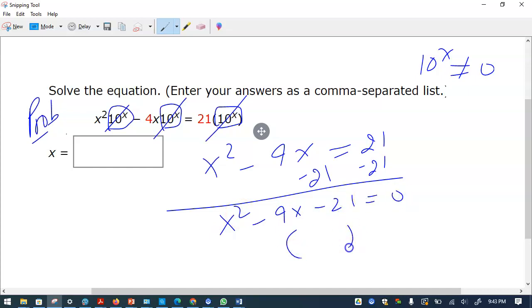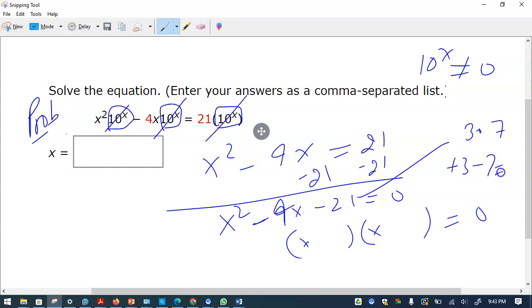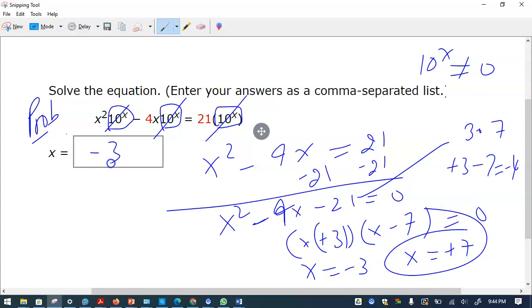You can use the two parentheses where you break this 21 as 3 times 7. And in order to get minus 4, it has to be plus 3 and minus 7, which gives you minus 4. So I'm using plus 3 and minus 7. And then finally you get x equals the opposite of plus 3, which is minus 3. So your answer is minus 3 and plus 7.